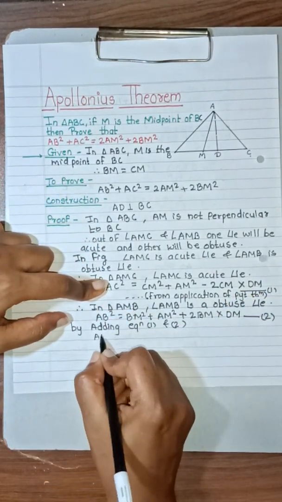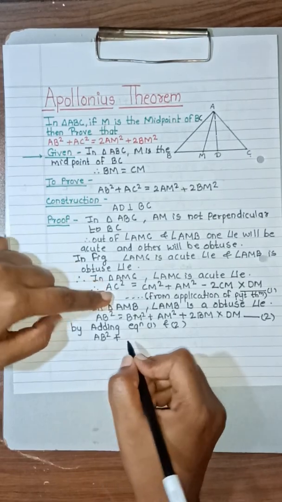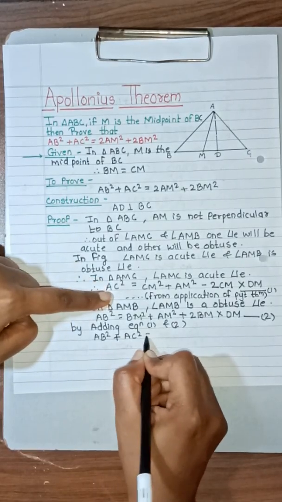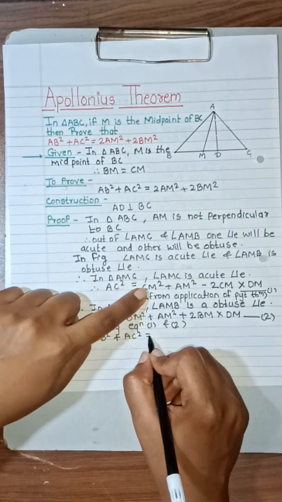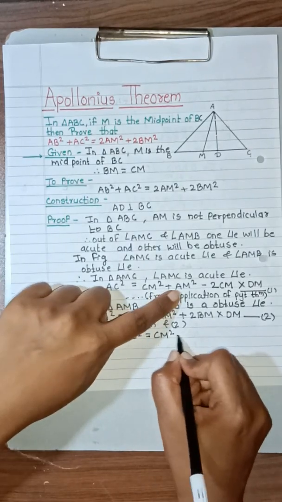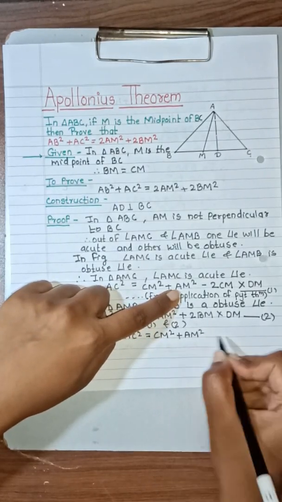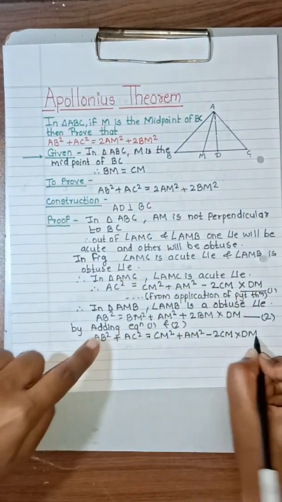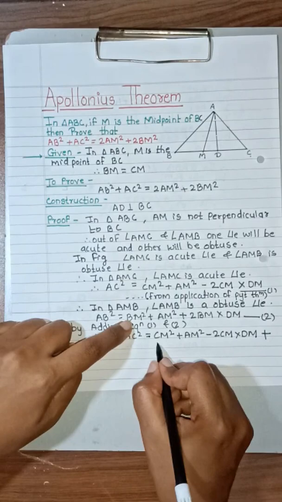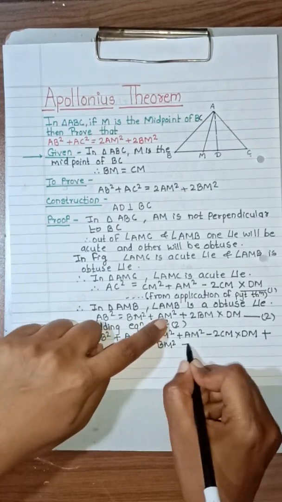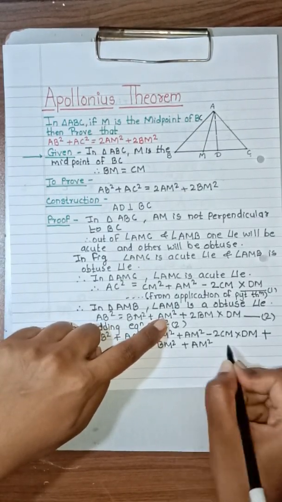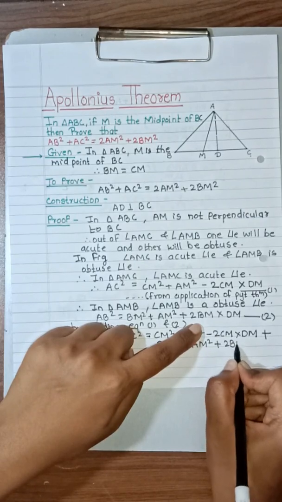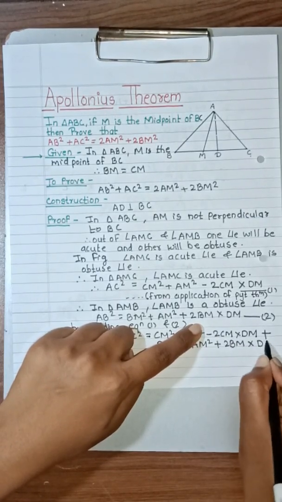That is AB square plus AC square is equal to CM square plus AM square minus 2CM into DM plus BM square plus AM square plus 2BM into DM.